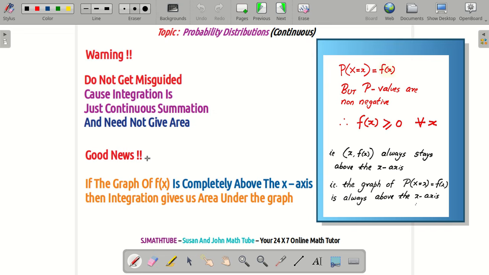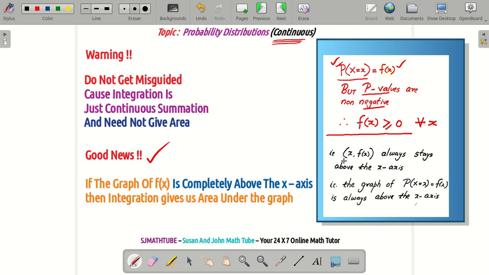So, with this good news, this part is going to make sense. We start with the statement: probability values in continuous probability distributions will be the function values. But probability values are non-negative.